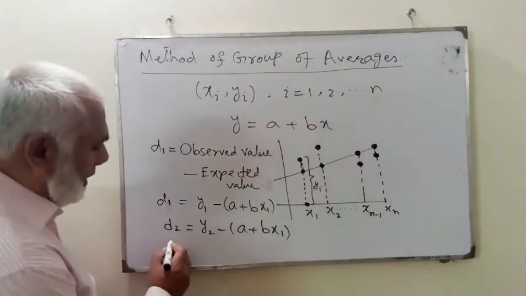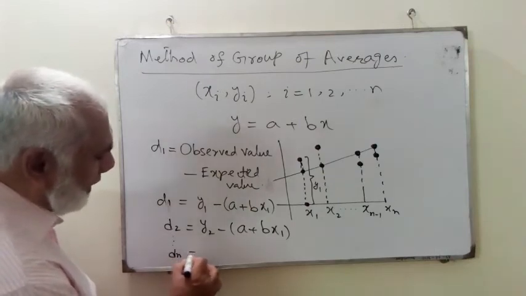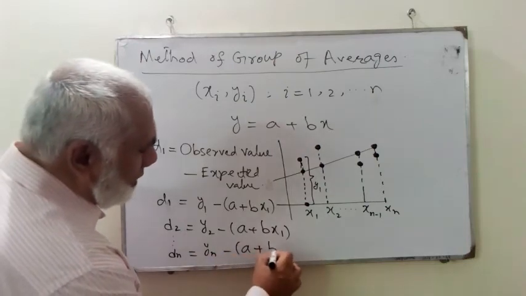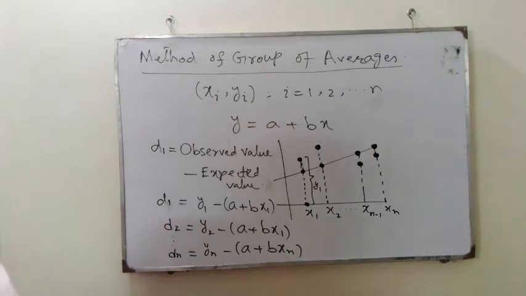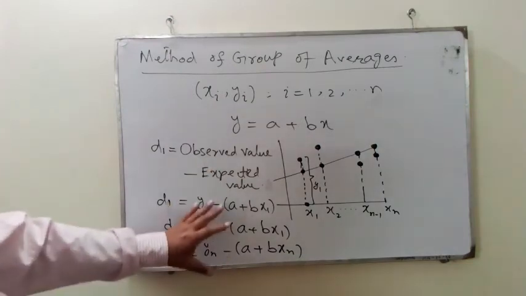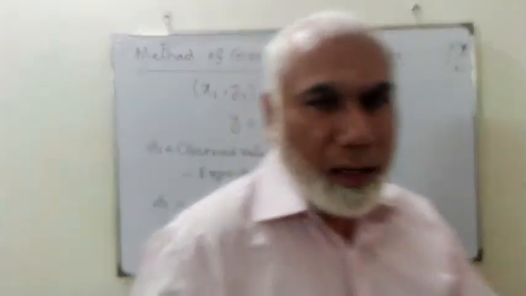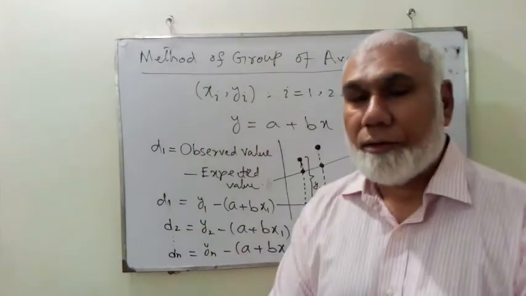Okay, now similarly, if I keep on going and writing the difference for the nth point, so the result takes the form yn minus a plus b xn. And now you can see here, we got a pattern in which we can find the differences between the expected values and the observed values.